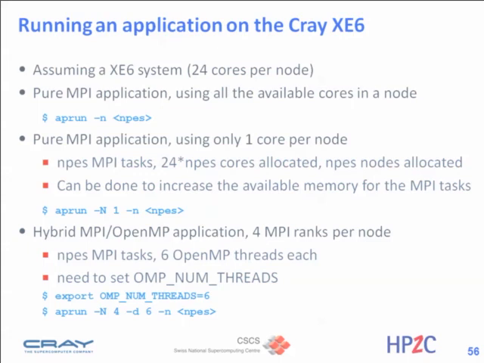If you want the code to be actually parallelized, you need to set the OpenMP environment variable like this: OMP_NUM_THREADS equals 6. Okay? So this number should be the same number that is specified in the -d option of the aprun command. Clear enough?